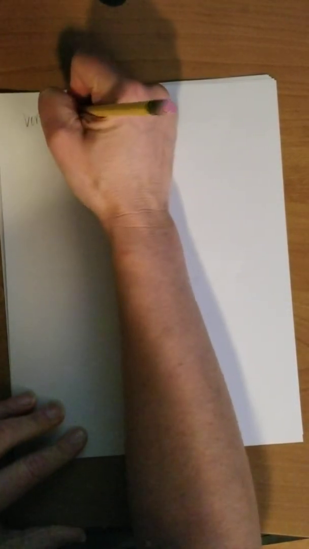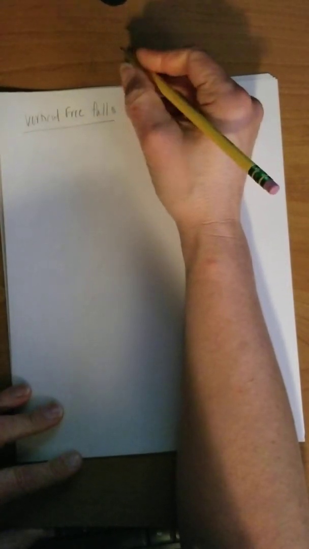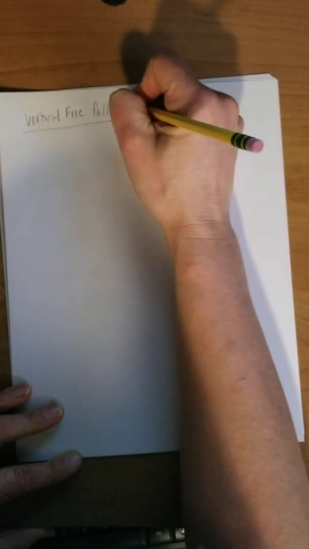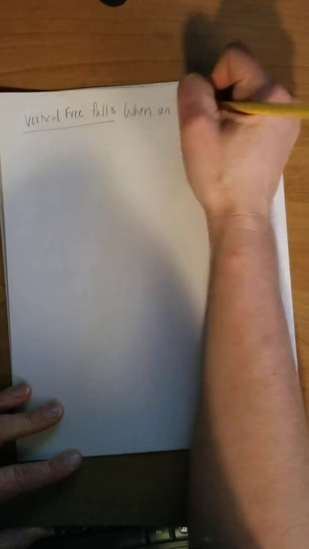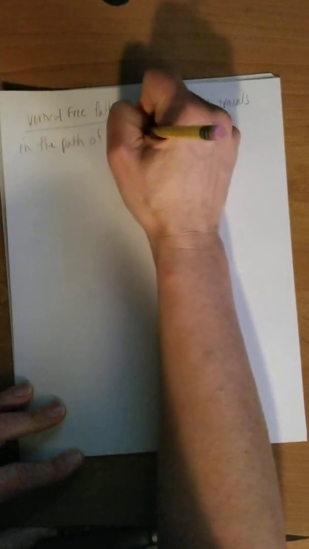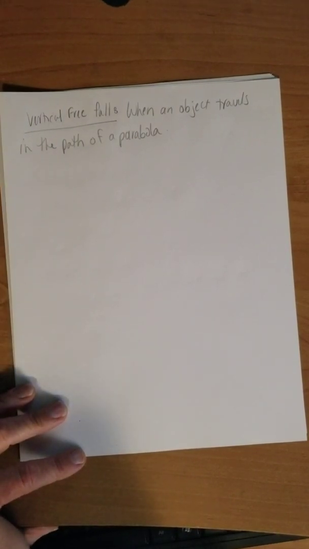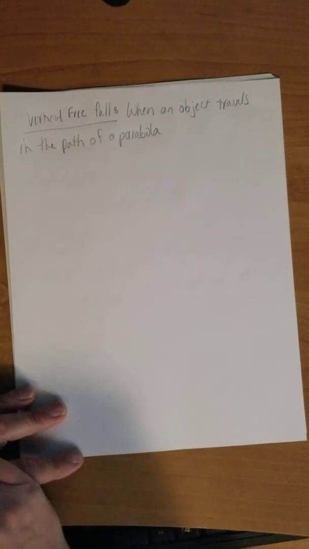So vertical free fall is going to be when an object travels in the path of a parabola. So it's going to be used when an object rises and then it falls.